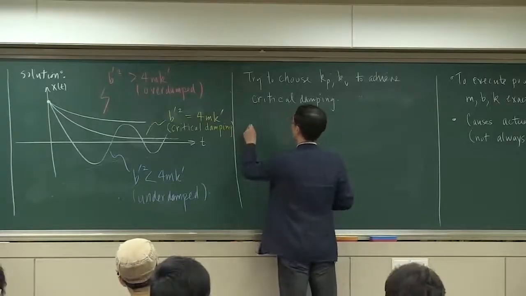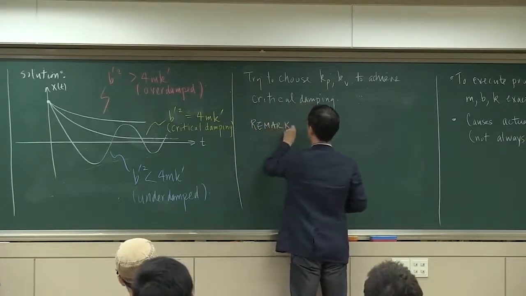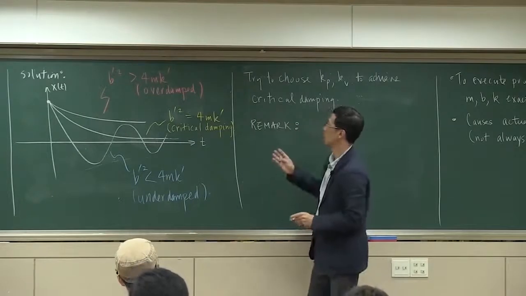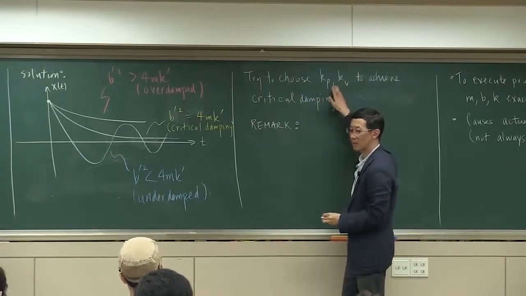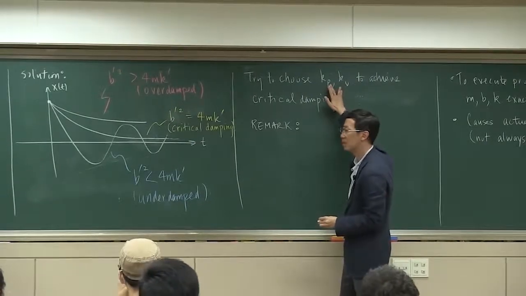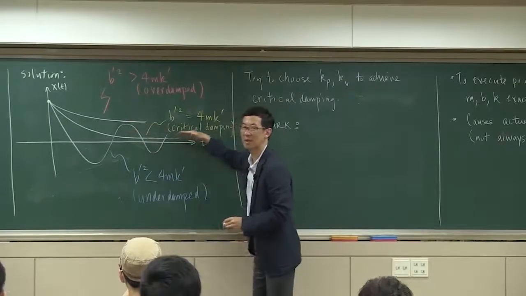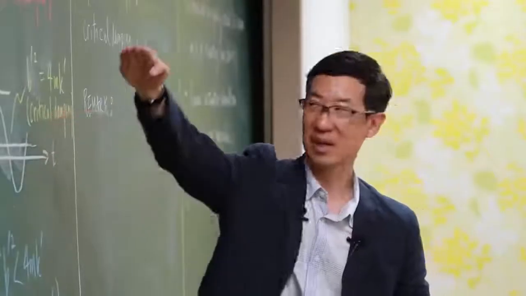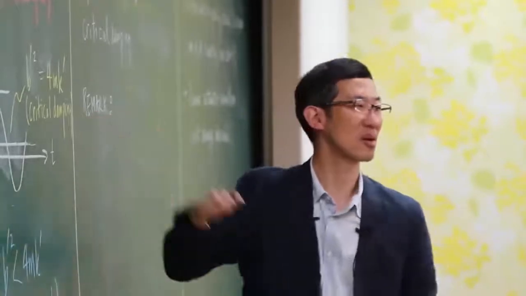But here's an important point: whatever you choose, as long as these things are positive, eventually it's going to go to 0. It may take a long time, or it might overshoot, but eventually it'll go to 0.